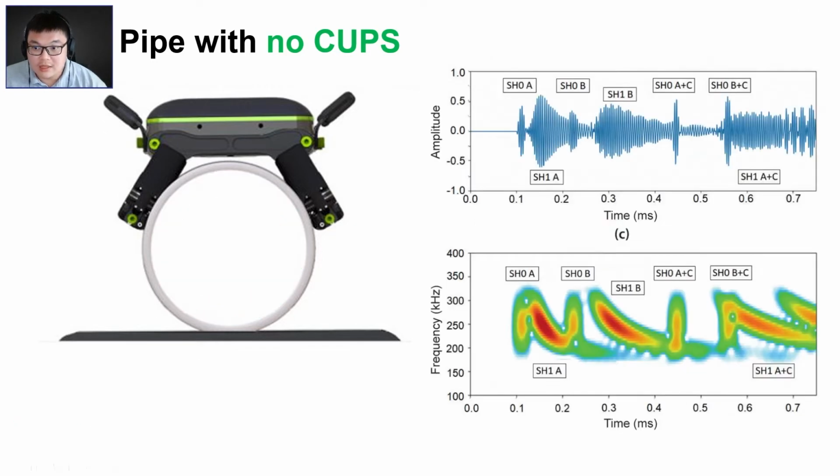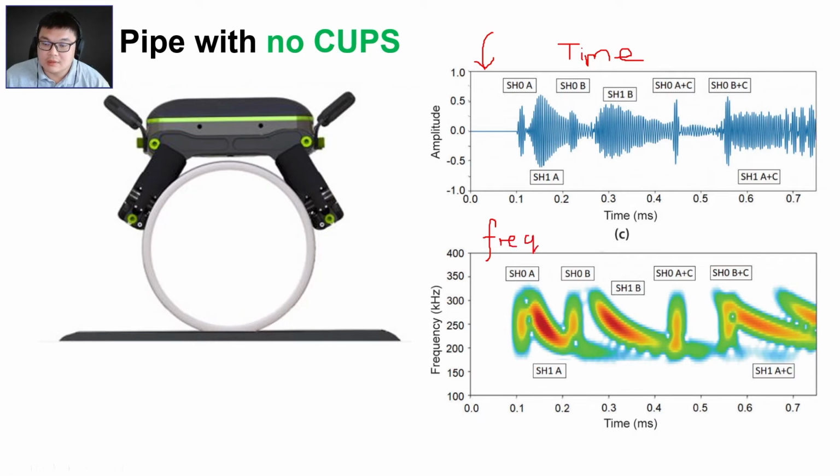Here we have the same time domain plot as before, where we can see all the arrivals of the guided wave from different paths. This is the time domain, where we are plotting amplitude as a function of time. Through Fourier analysis we can convert time domain signals into frequency domain signals.